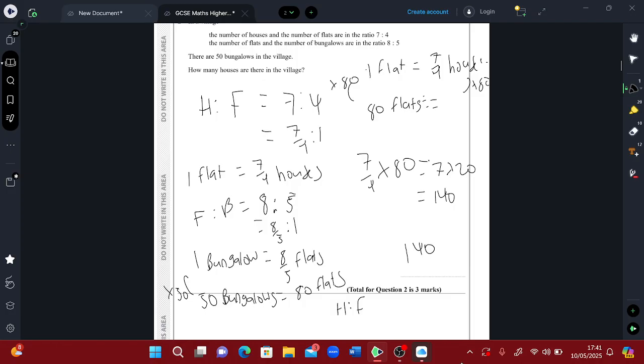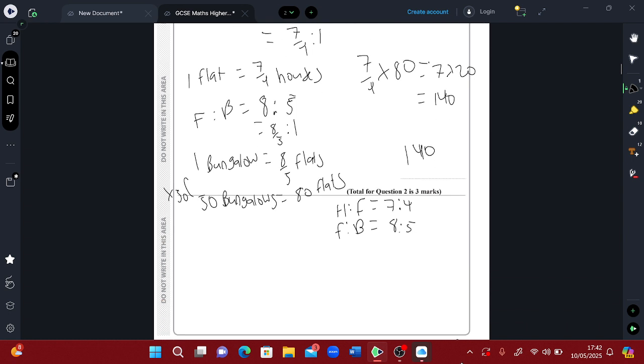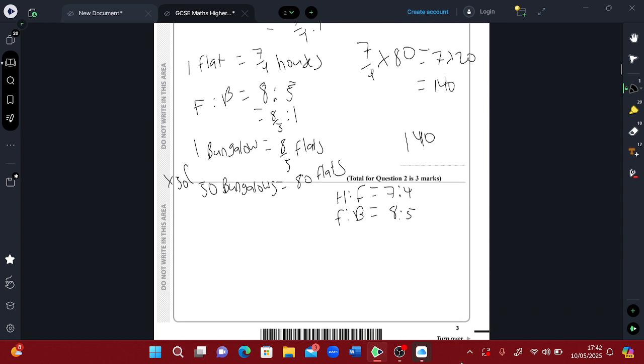So, we know the houses to flats is 7 to 4, but we also know that flats to bungalows is 8 to 5. Cool. Now, we can actually put this all as one ratio, because there will always be a common thing, right?